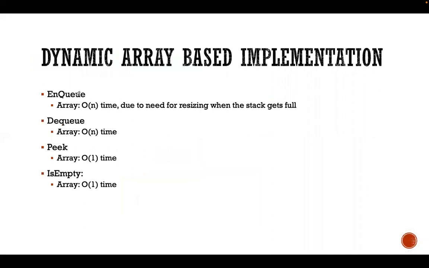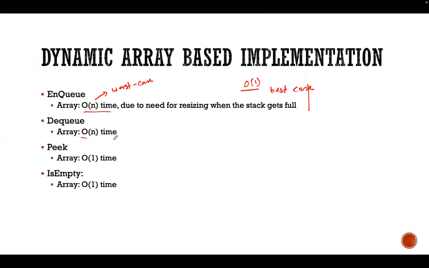So let's think about the runtime of each of the operations. Enqueue takes order of n runtime due to the resizing. This is our worst case runtime. The best case is order of 1, but in the worst case, the runtime is order of n.